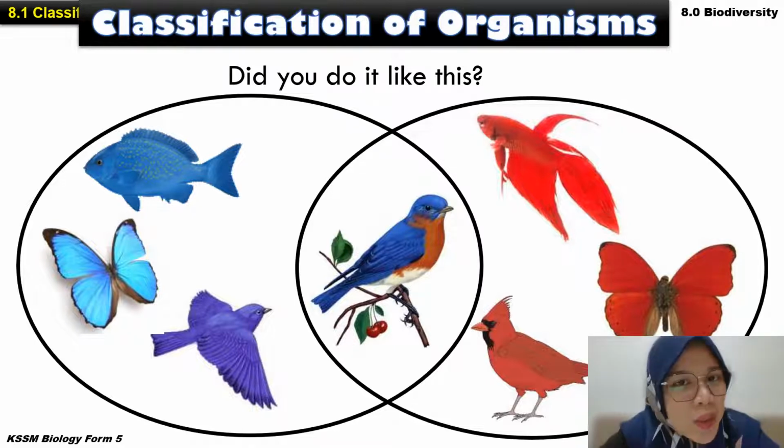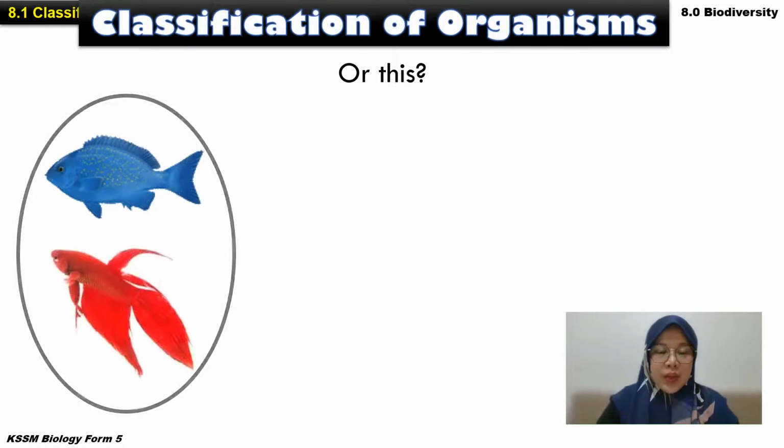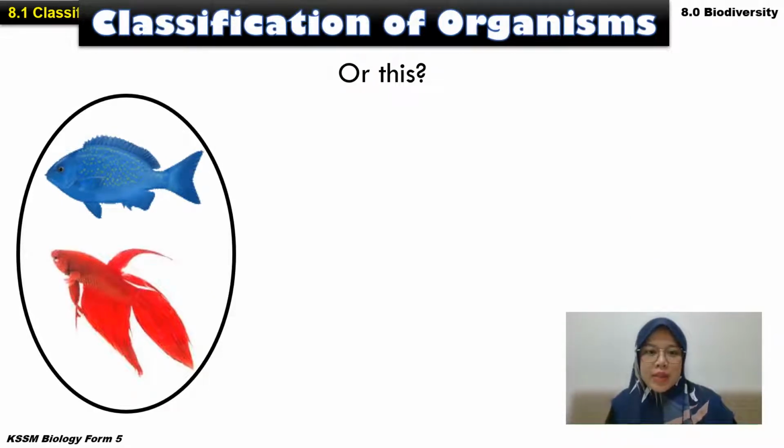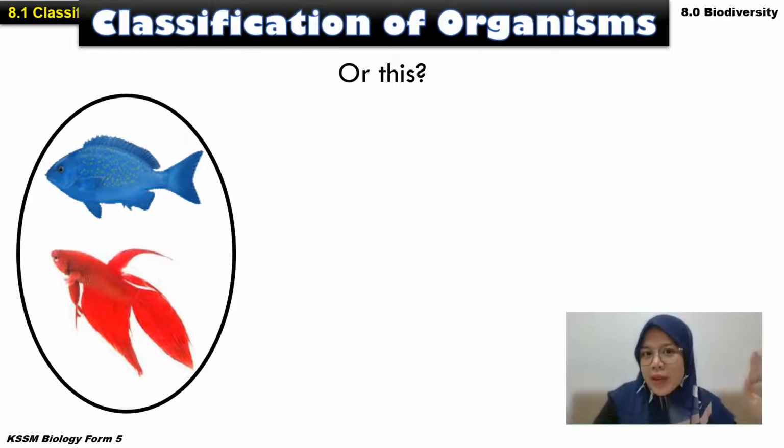Salah ke betul? Betul, tak salah. If you are asked to classify according to color, then you buat macam ni, betul tak? Okay, tapi is it the only way to classify? No, ada lagi cara lain, betul tak? So what is that? We classify according to the type. So kita categorize fish with fish. We don't bother about the color, but we focus on the type.